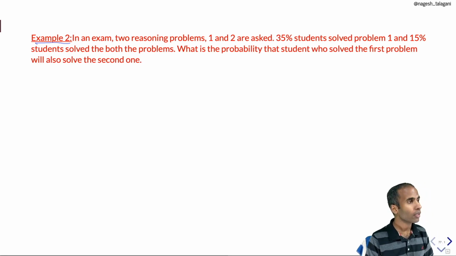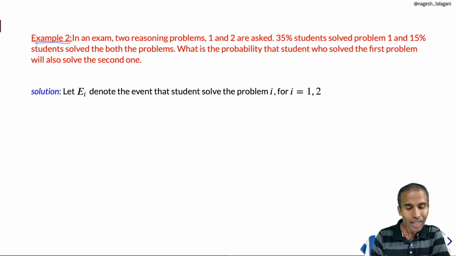Okay, solution here. Let Ei denote the event that students solve problem i, for i equal to 1 and 2. There are two events here. E1 denotes the event that students solve problem 1. E2 denotes the event that students solve problem 2.